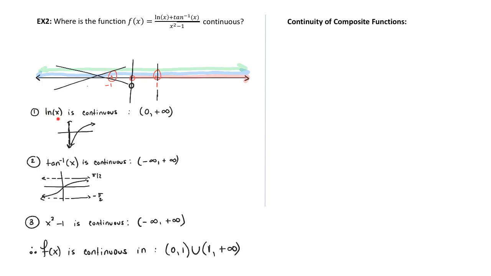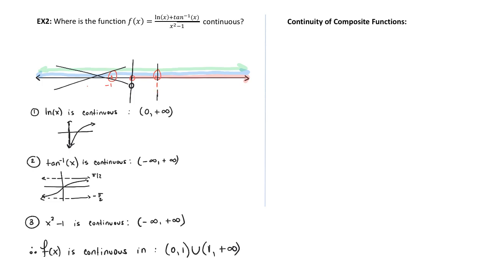But ln x will be extremely unhappy with -2 because the ln of -2, just like the log of any base of -2, is undefined. So these values over here are not okay for ln. That means that for the entire function f of x, those values must be excluded.